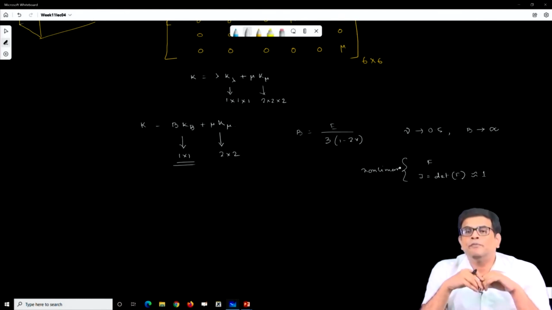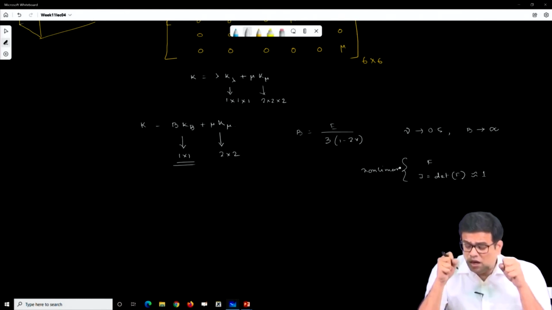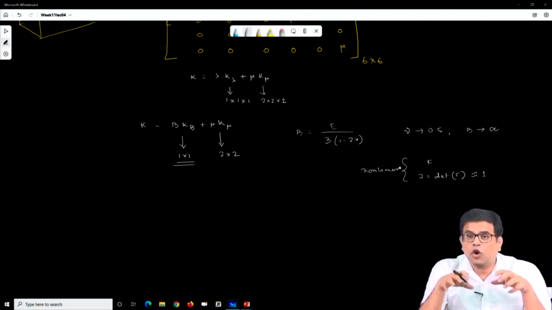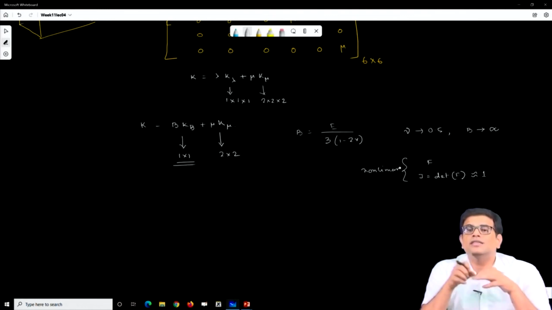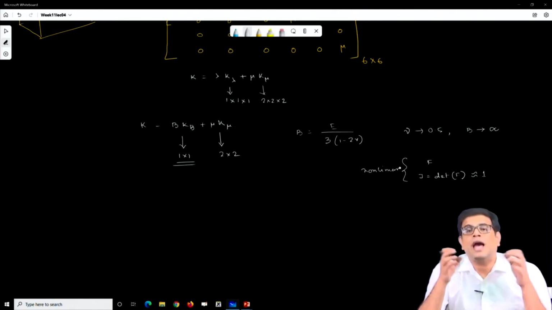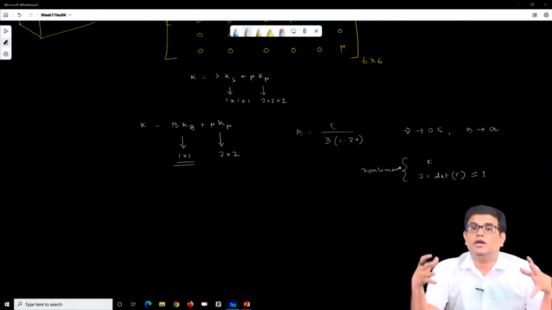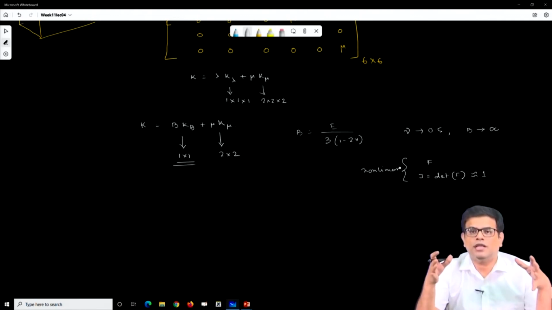Now, another problem with selective reduced integration in case of volumetric locking: you can see that this is very well defined for isotropic material, because the bulk modulus and shear modulus are very well defined in isotropic elasticity.